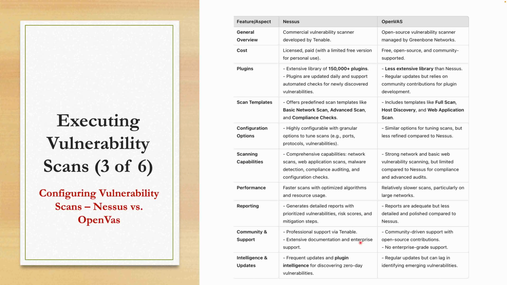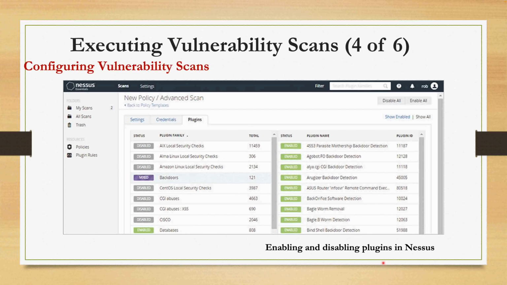And here we talk about community support and intelligence updates, which is very important. Nessus has frequent updates and plugin intelligence for discovering zero-day vulnerabilities. OpenVAS updates rely on the community, and they don't have enterprise-grade support. So that's something to keep in mind.